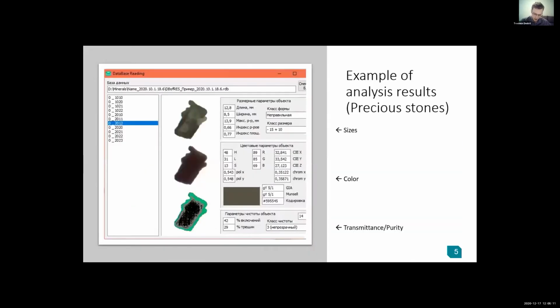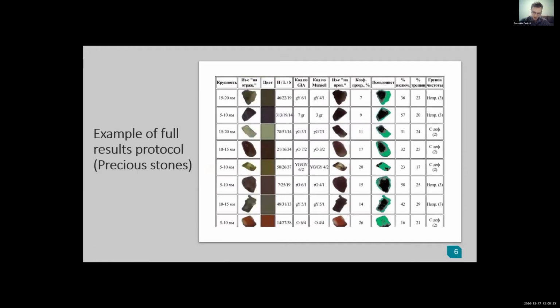But the fact is that these properties are connected with countless quality parameters which depend on the nature of the object and corresponding state standards. So we can provide detailed information on the parameters needed with high accuracy and speed, and build a protocol with suitable data. For example, we can see the protocol for precious stones here.